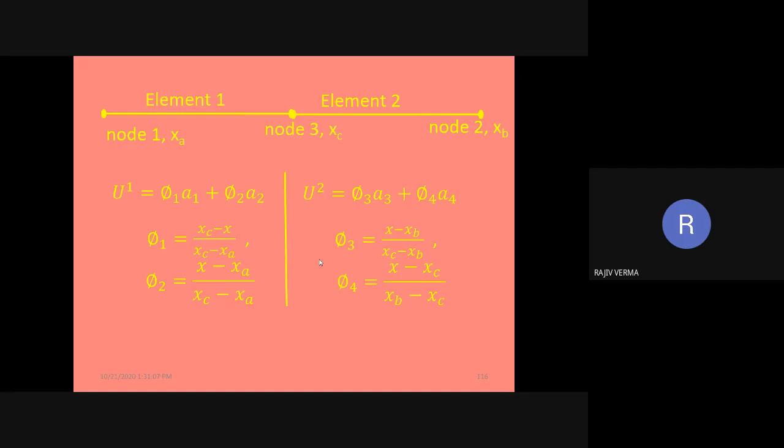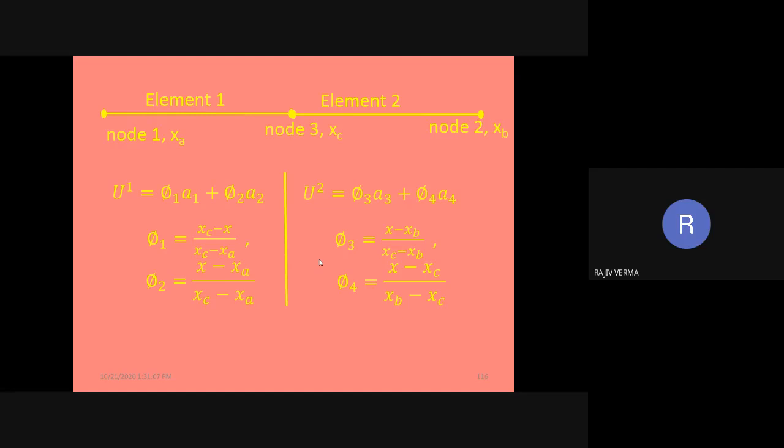We take the first element, it has two unknowns, that is a1 and a2. We take the second element, it has another two unknowns, that is a3 and a4. So in total, two elements give you four equations consisting of four unknowns.